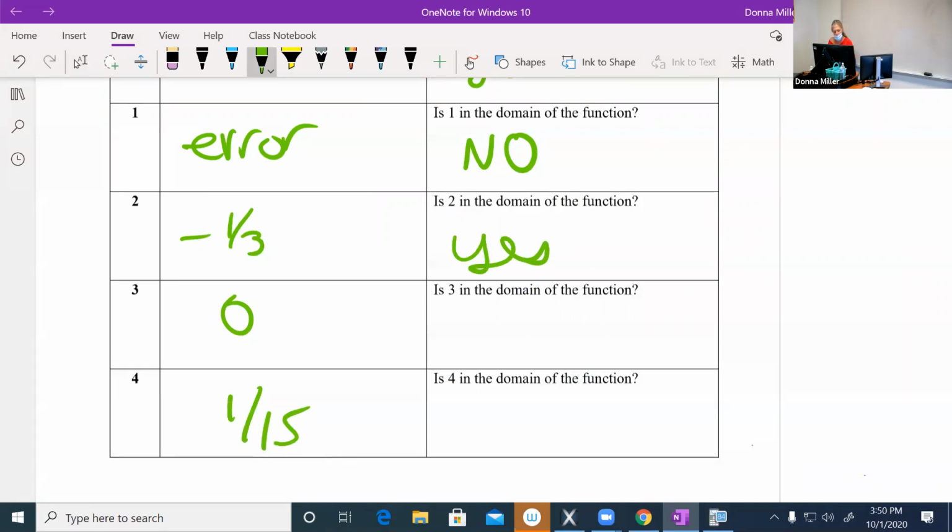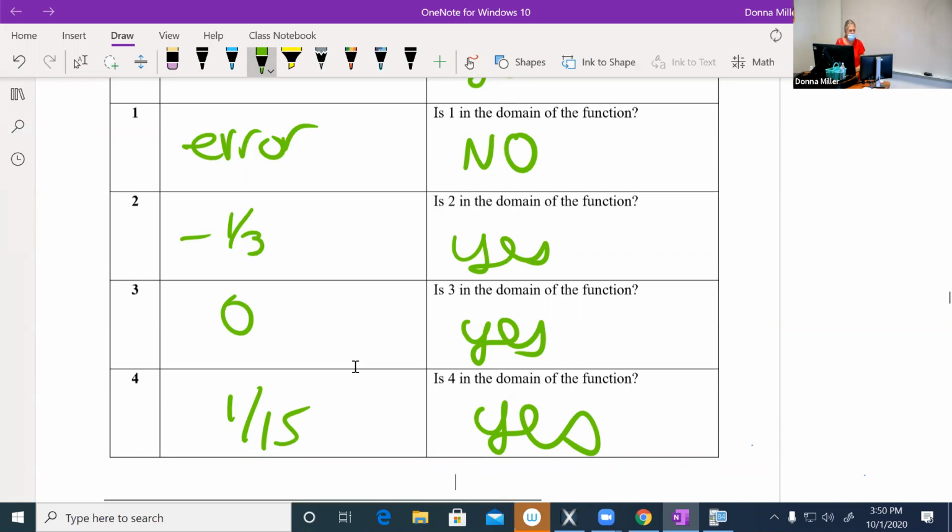So these are all yeses. Okay. So where you see those errors are your vertical asymptotes. Good. Okay.